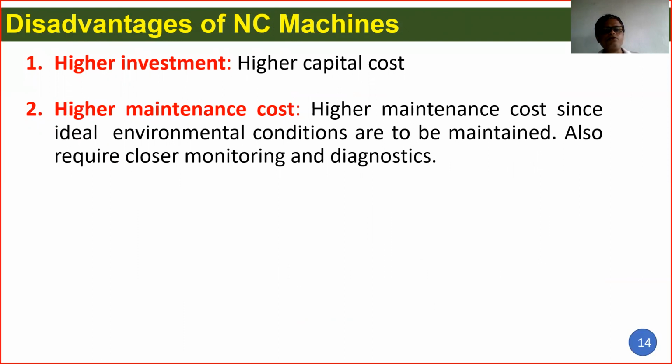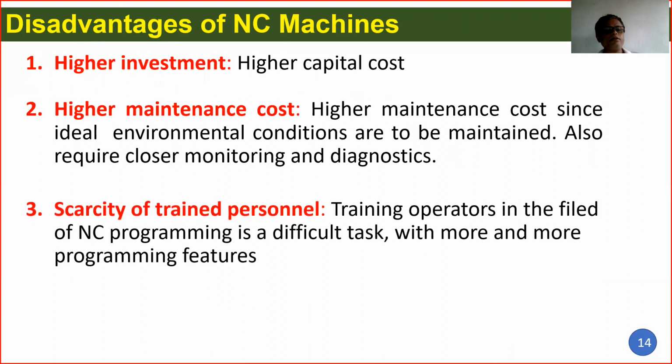Then it requires close monitoring and diagnostics also. Then there is a scarcity of trained personnel. If the trained persons are not available, then it is difficult to maintain the NC machines.